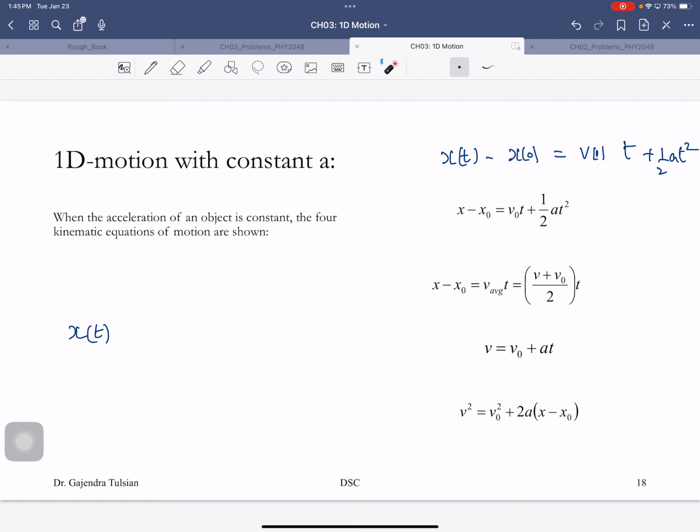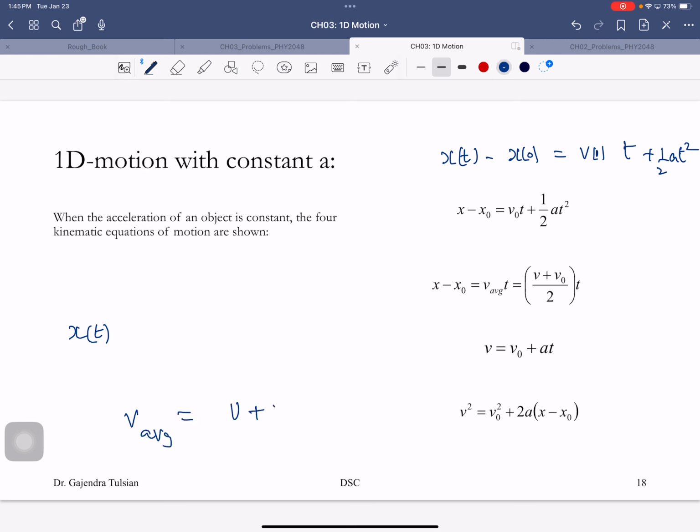Again, when the acceleration is constant, the displacement is average velocity times time, and average velocity can be written as final velocity plus initial velocity divided by 2. That's the only time where you can do that.